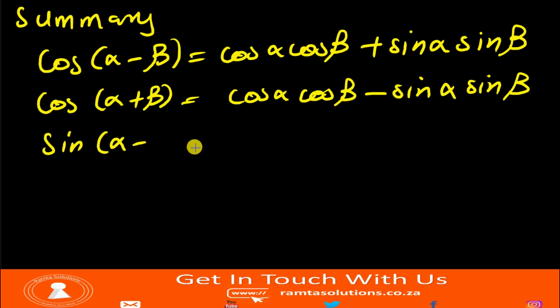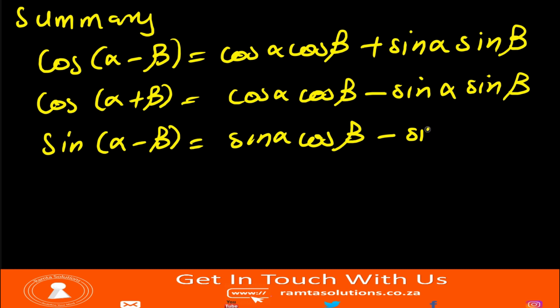Sine alpha minus beta will be sine alpha cos beta minus cos alpha sine beta.